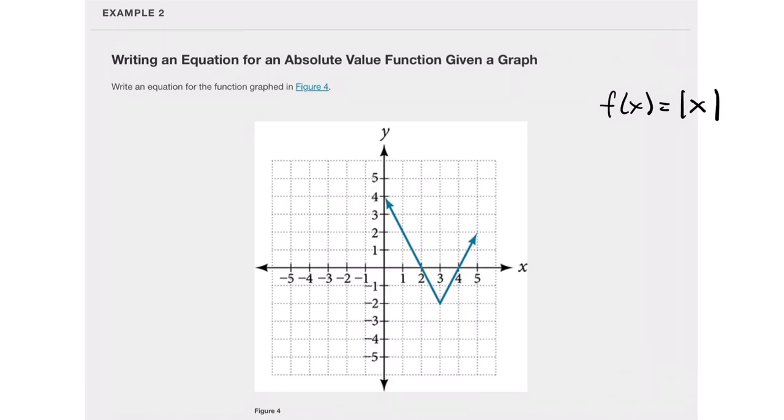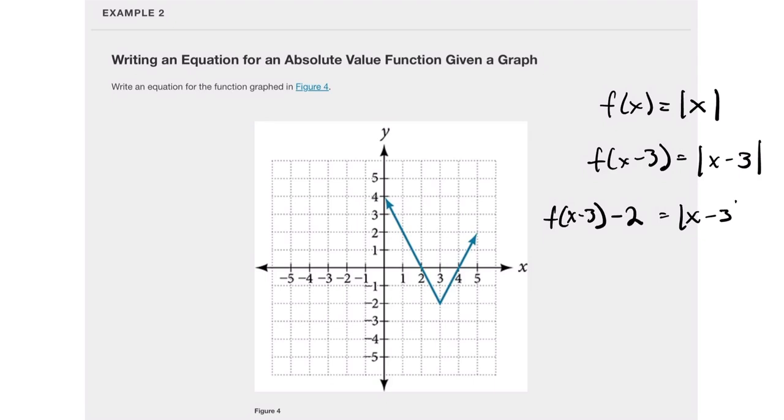To capture going to the right by 3, I think we subtract 3 on the inside. So we're going to do f of x minus 3 to give us the absolute value of x minus 3. That should move it to the right by 3. Then if we want to go down by 2, we put a minus 2 on the outside, so that's the absolute value of x minus 3, minus 2.